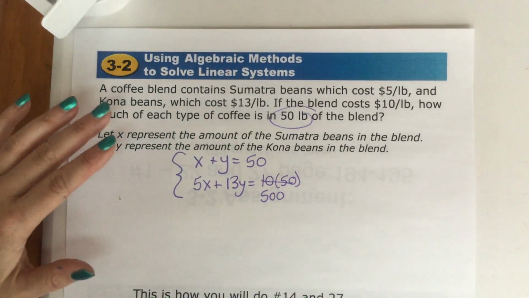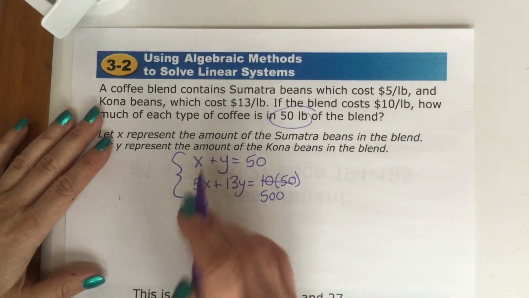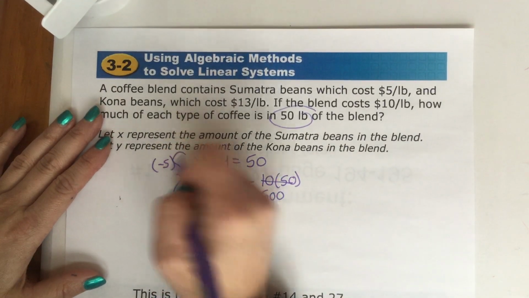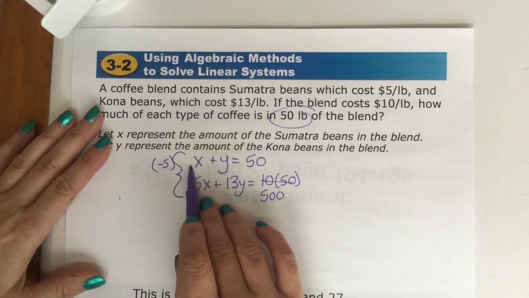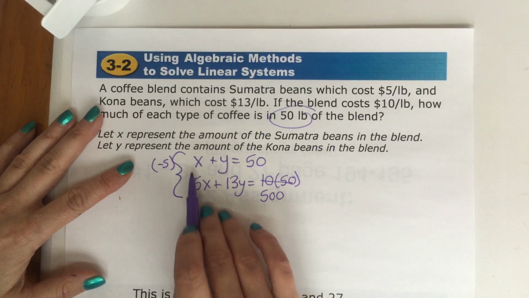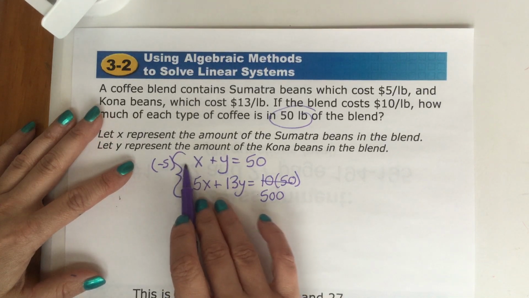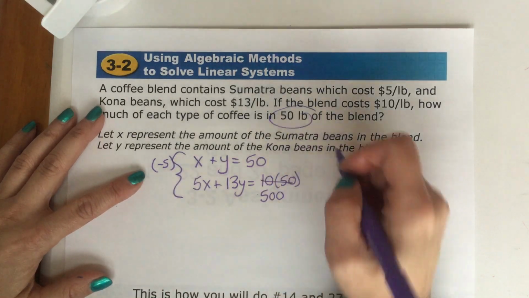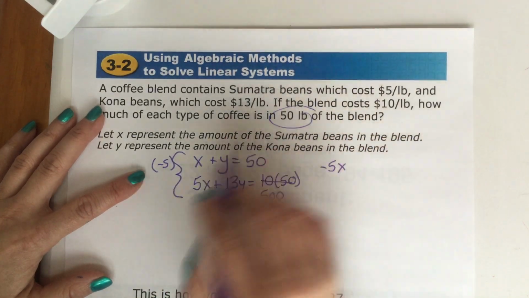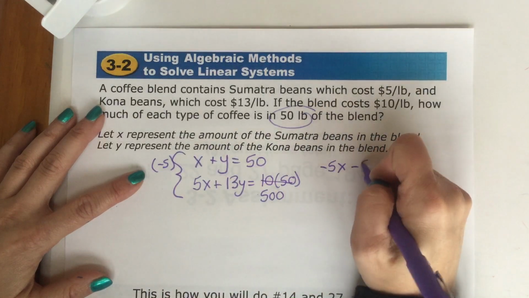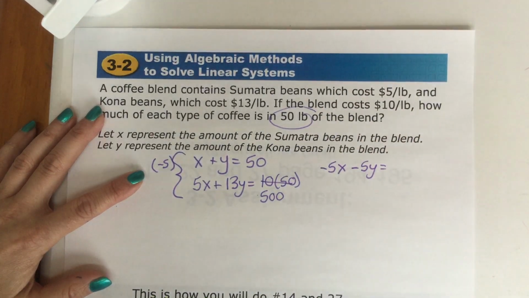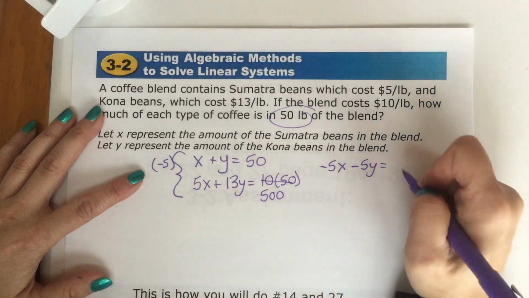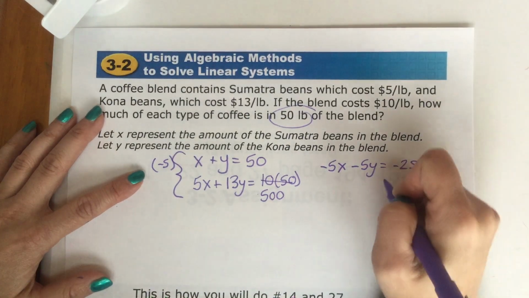Now if I want to go ahead and solve for X and Y, the last example I did substitution, so this time I'm going to do elimination. If I want to cancel the X, this is like a 1X. To cancel 1X, I need to make it into a -5, so I multiply by -5. -5 times X is -5X. -5 times Y is -5Y. -5 times 50 is -250.